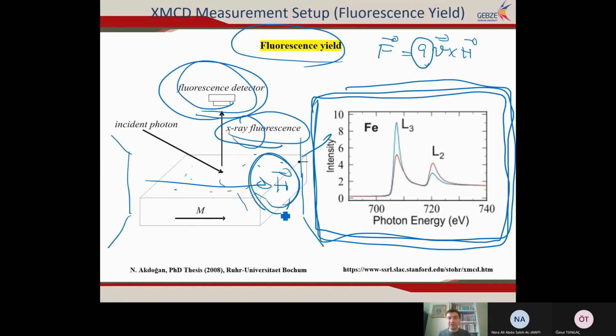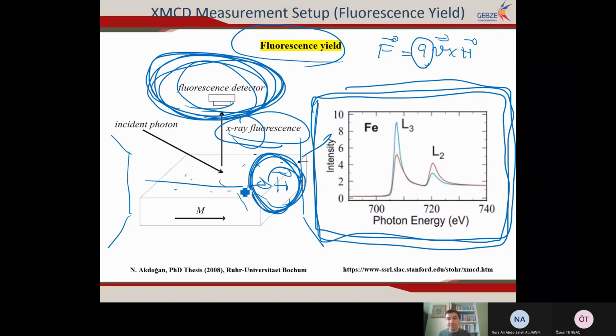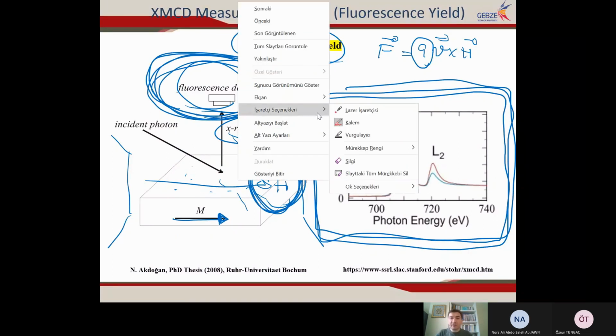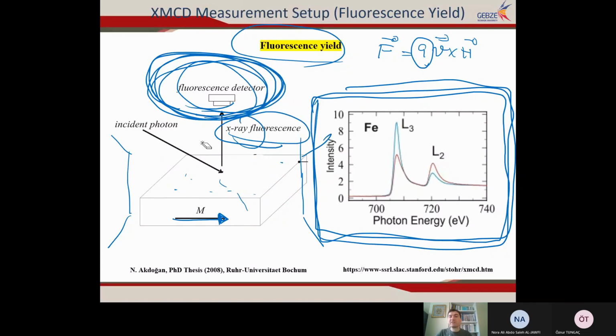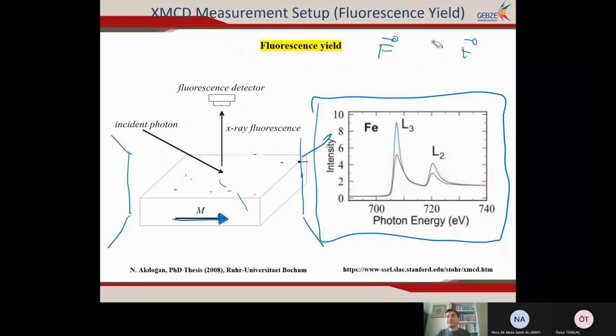If you apply a magnetic field, then you can affect the working conditions of the detectors. So your detector can be affected by the magnetic field. For this reason, during the measurements, we don't apply a magnetic field. Before the measurement, you apply a magnetic field, you align your magnetization within the sample, then you remove the magnetic field, and then continue to your experiment. This is the effect of the magnetic field in the fluorescence yield method.